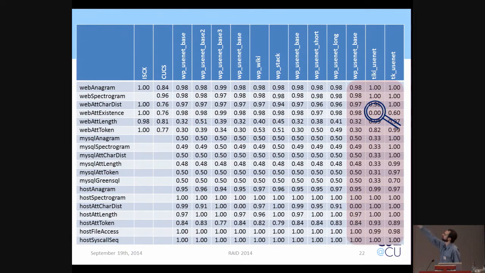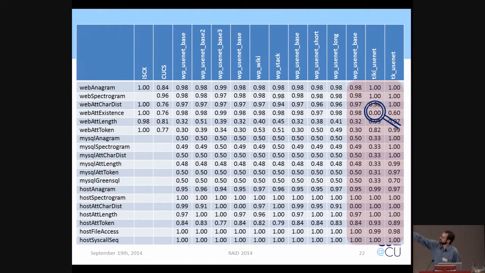For instance, we have one fairly drastic change where our anomaly detector looking at the attribute existence fails completely on the TikiWiki data set, because it's working on a fairly simplistic model where it's just checking whether this request has attributes that it has seen before in the normal data. So it's not the best sensor, but you can see it as an example of what types of things you can do, and you can see some finer variation.